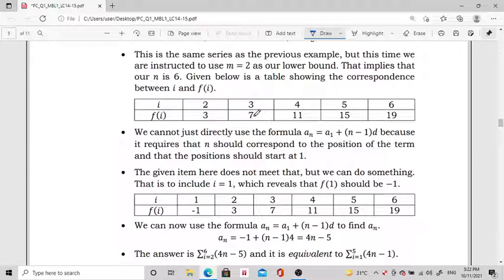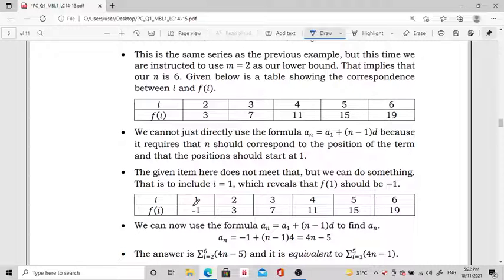Di ba? 7 minus 4 naging 3. So, kung maatras pa tayo rito, we also have to subtract 4 from 3. It's like moving 4 steps to the left of 3 sa number line. So, that is 3 minus 4, and that will be negative 1. So, here now, na-satisfy natin yung condition ng formula na dapat mag-start yung position sa 1.